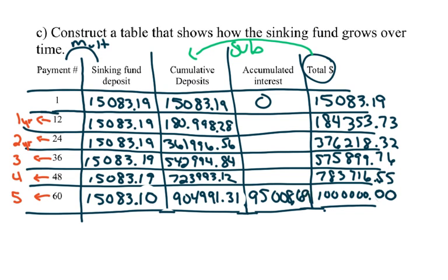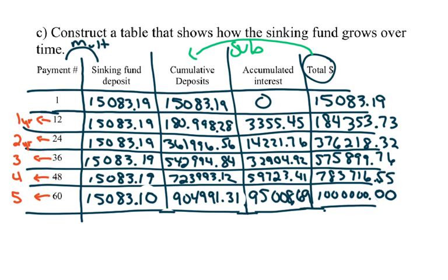So make sure you go and fill out that accumulated interest by subtracting the total minus the cumulative deposits. Pause the video here and then come back to see if your numbers match up to mine.